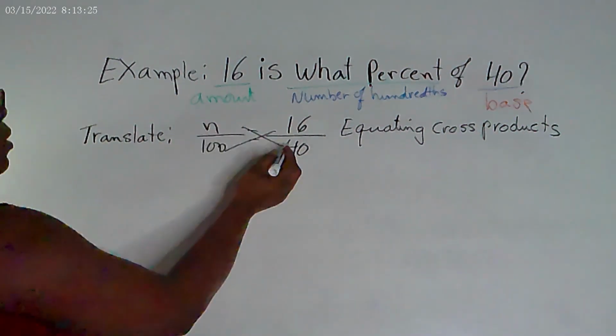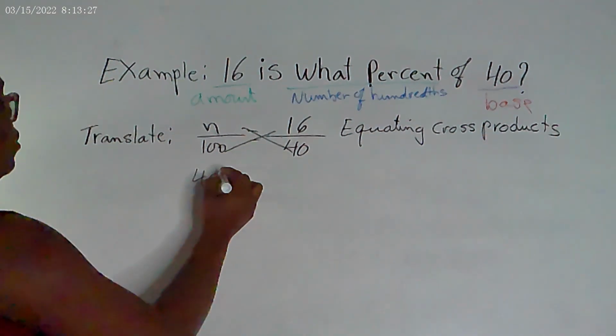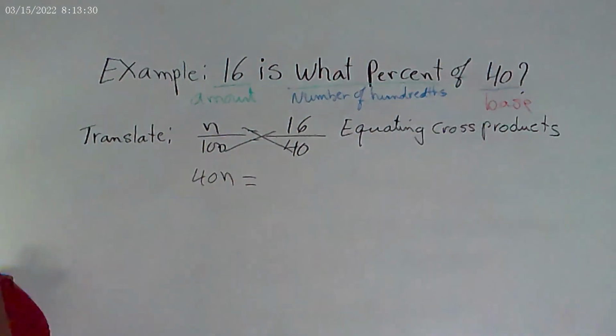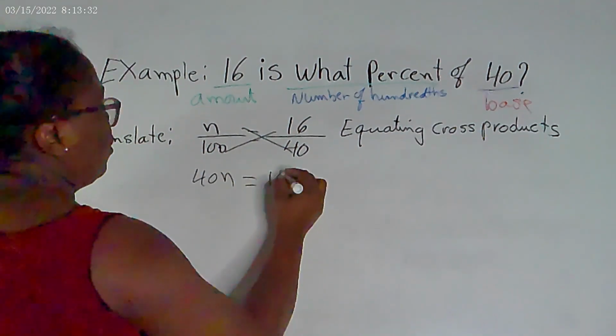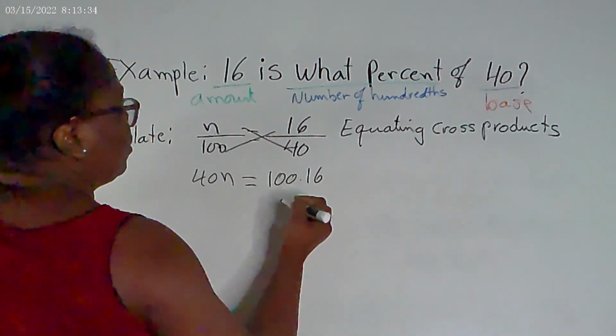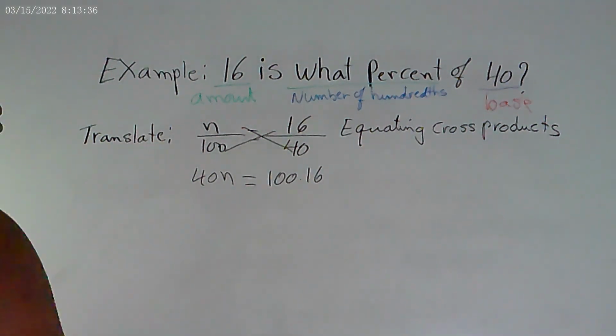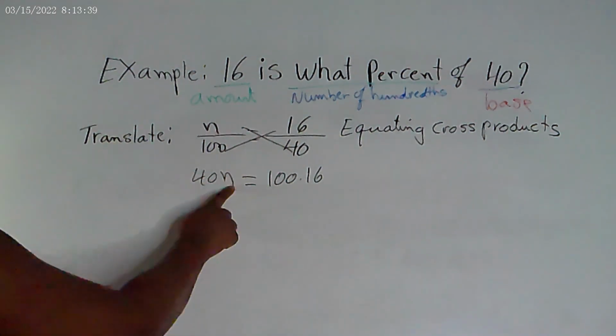So n times 40 equals 100 times 16. So now we need n.